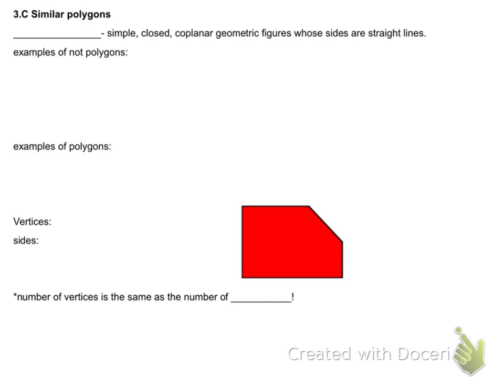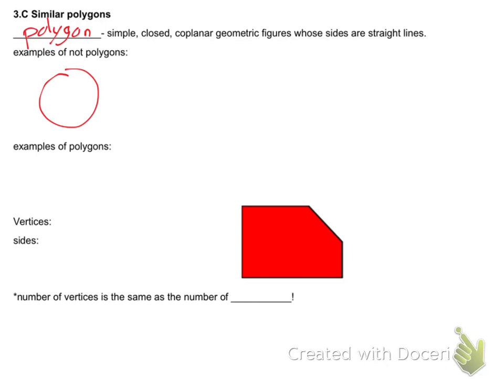So similar polygons. A blank is a simple, closed, coplanar, on the same plane, geometric figure whose sides are straight lines. It's all over this page. What is it? Polygon. So what's an example of a non-polygon? A circle.